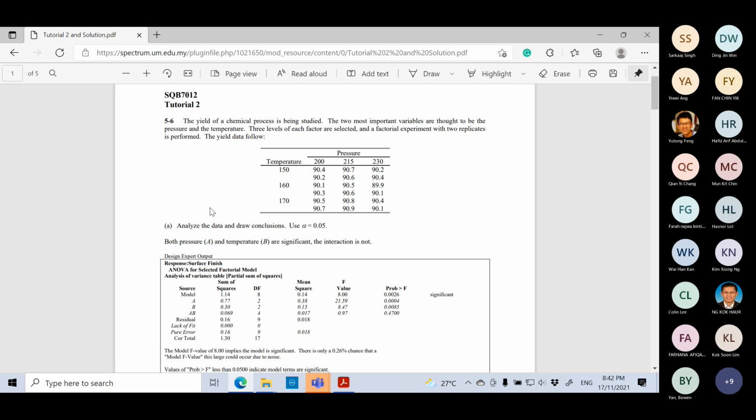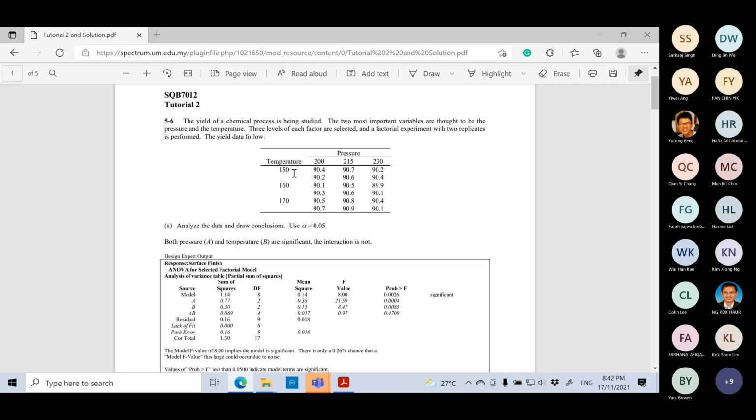So in question number 5.6 here, this time I do not calculate it only for you, but of course I can show you the solution, because I did not work out the manual calculation. Question 5.6 is studying a two-factor experiment on temperature and pressure.